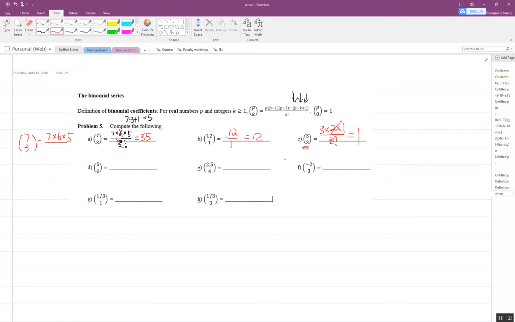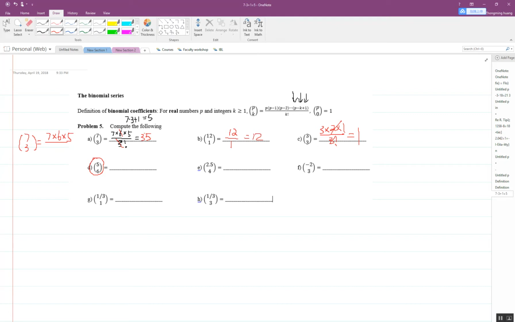Okay, so those are the regular ones. Let's look at some irregular ones. In this case, how many ways to choose 6 students from 5 students? Of course, there's no way you can choose it, right? Which is 0 ways. So that kind of makes sense too.